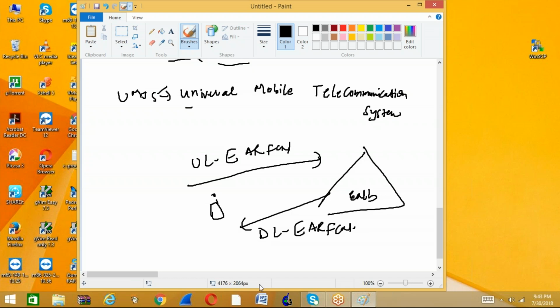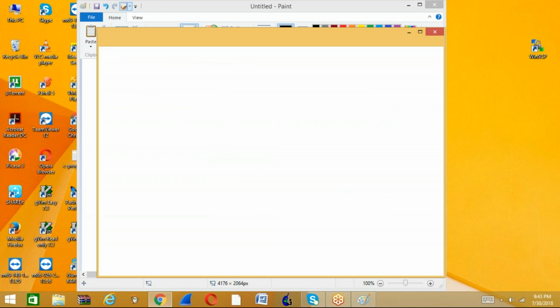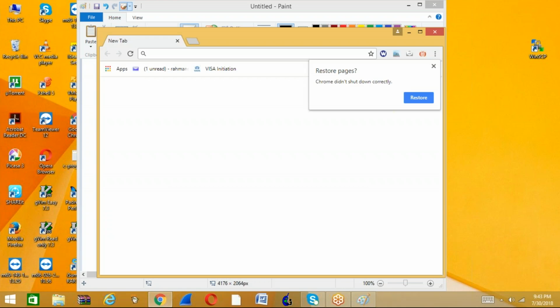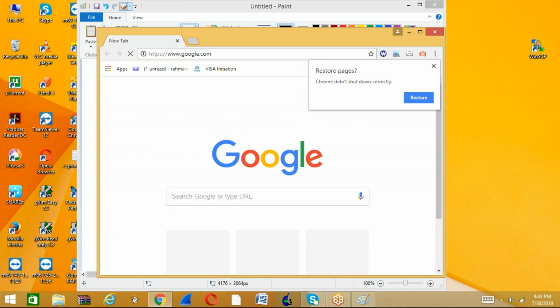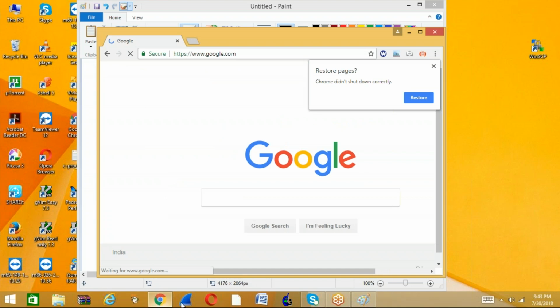Now I'm coming back to the bands part. I'll just Google it. I'll end the class within 1 or 2 minutes, but just before that I'll show you the bands. Just after the class, you can have a look on this.